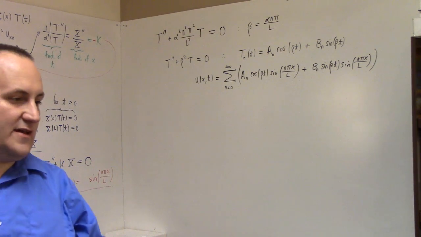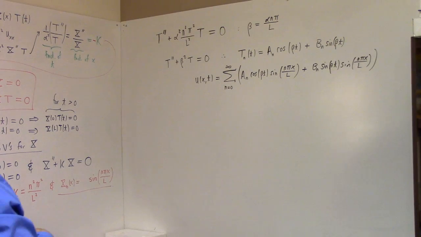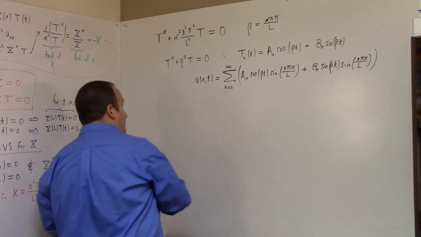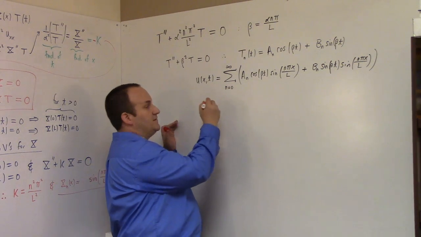Now, what's left is to satisfy the initial conditions: the initial shape of the string and the initial velocity of the string. First, let's start with the initial position.